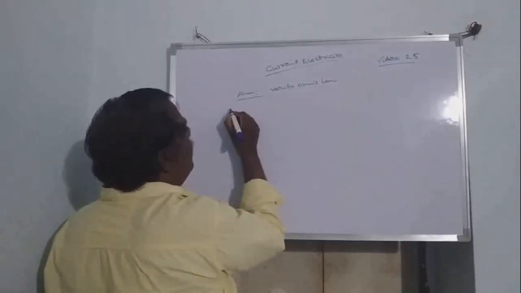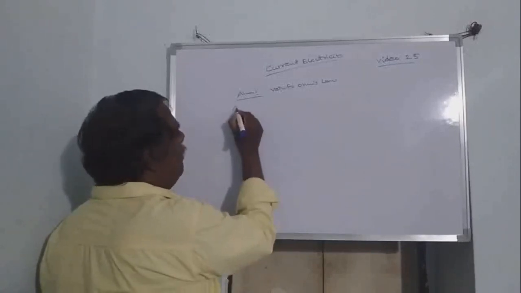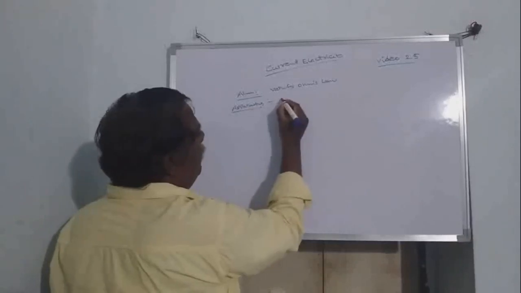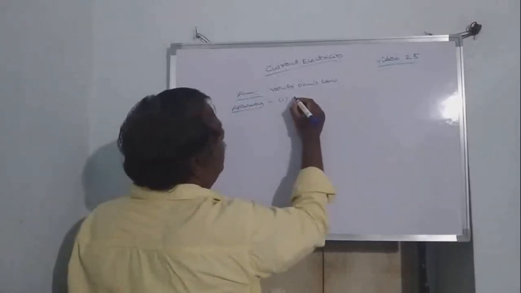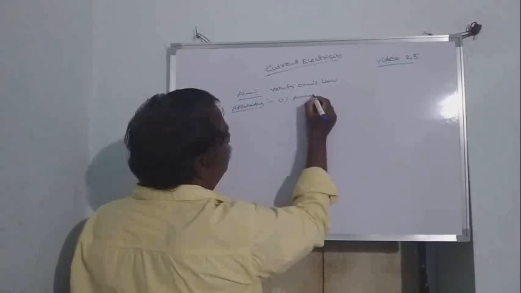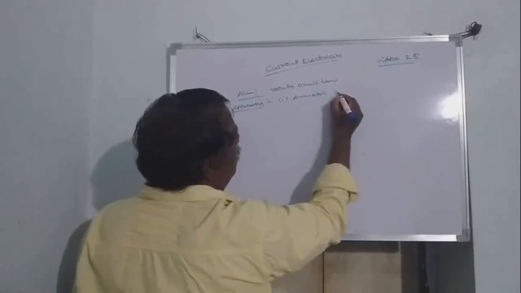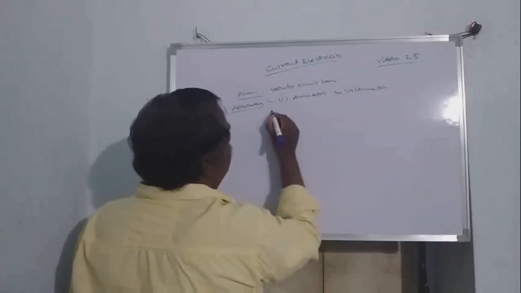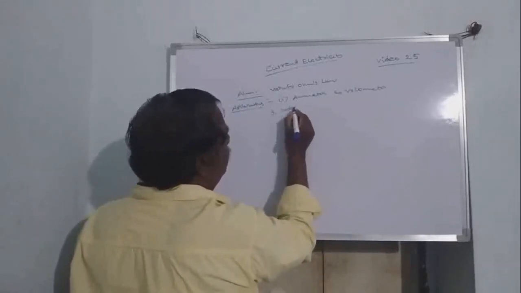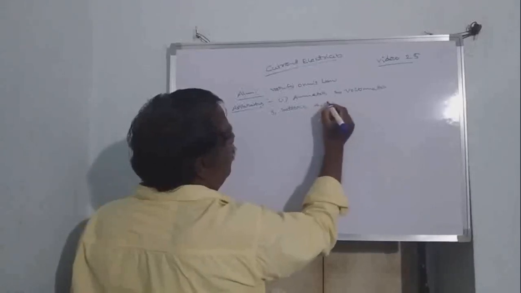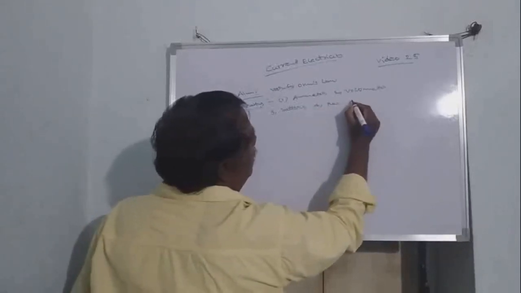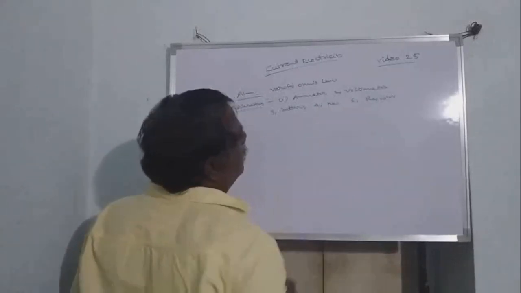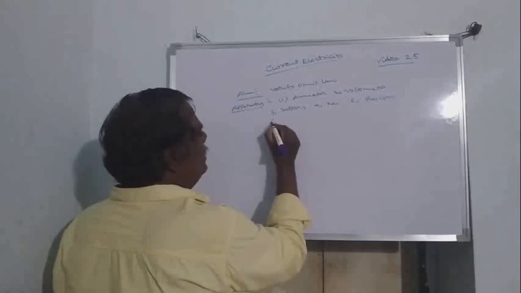The apparatus required are: 1, ammeter; 2, voltmeter; 3, battery; 4, key; 5, a resistor; and connecting wires.